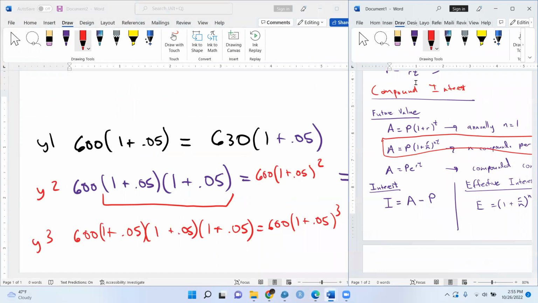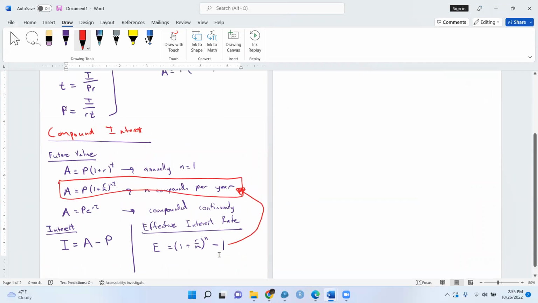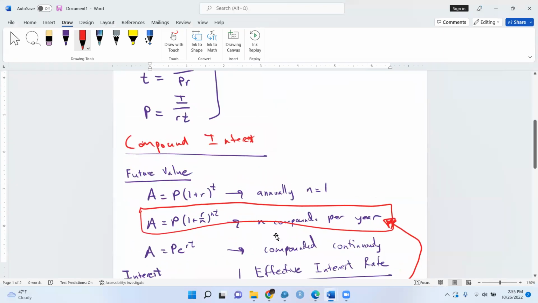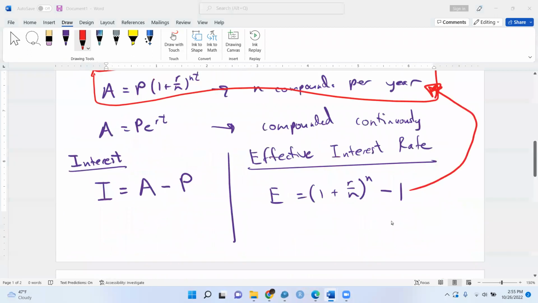Well, so to find the effective rate, you use the effective interest rate formula. And what that finds, so this is that formula, what that finds is an equivalent 1-year simple interest rate. Okay. All right, that makes sense now.